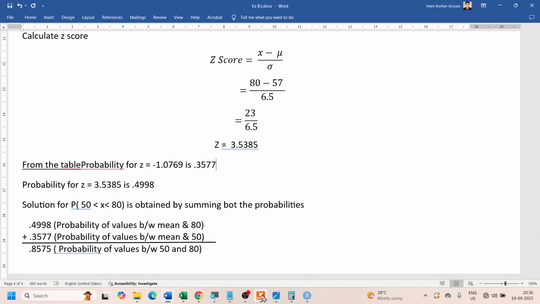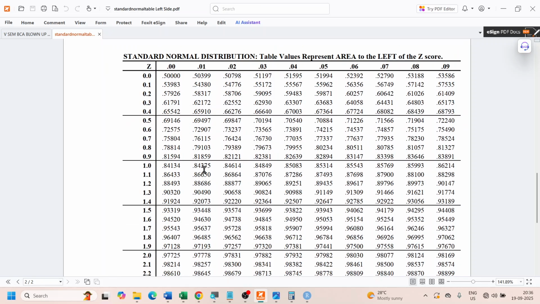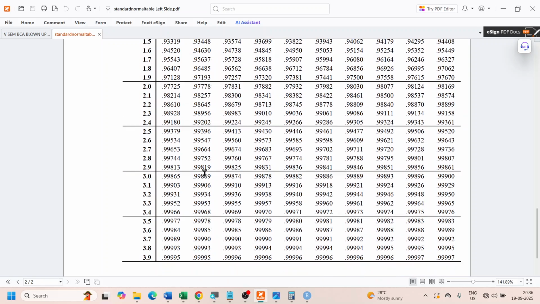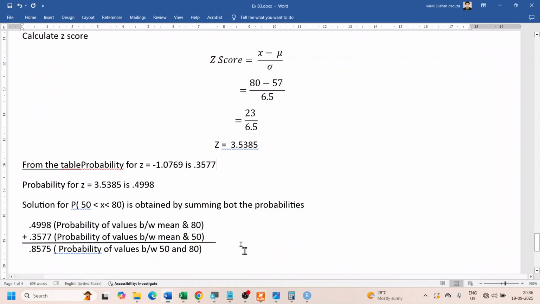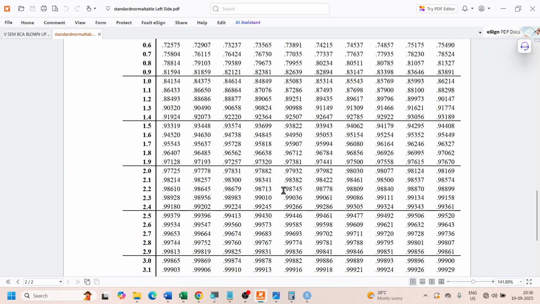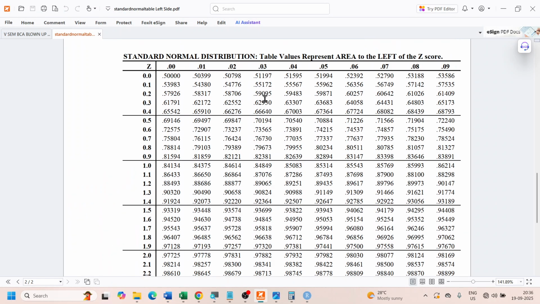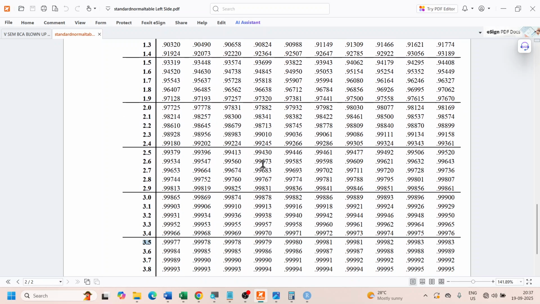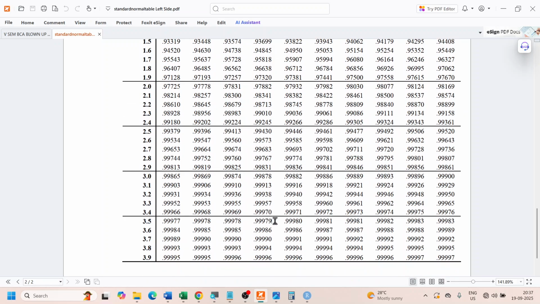So let us look at the 3.5 now. This is positive 3.5. So you have 3.5 under 3. This column is going to be the 0.03. So let's go down to 3.5.